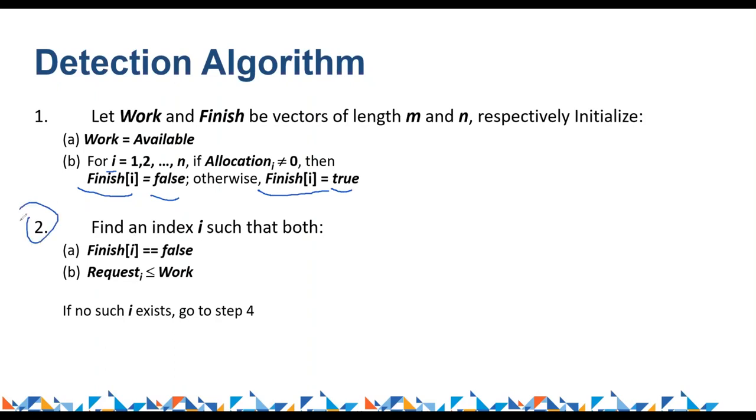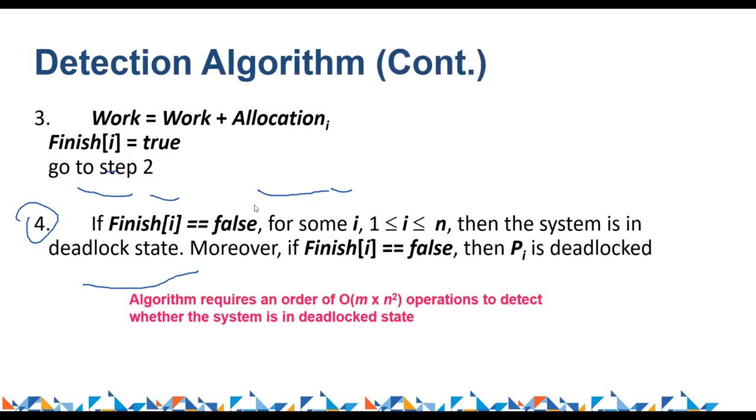You know this condition that Finish[i] is equal to false. Why? Because Request is less than or equal to Work, okay? And the finish process is true.